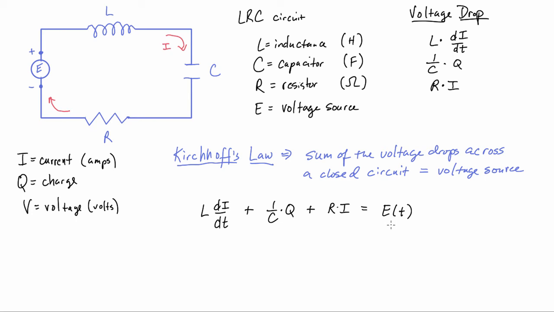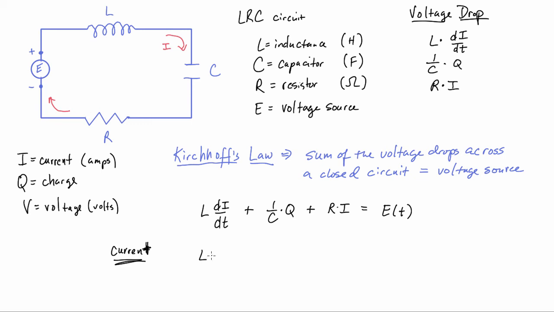So there's two different ways you can go about it. You can find the current equation. If you want to solve for current, you find that by taking the derivative with respect to t of each of these pieces.